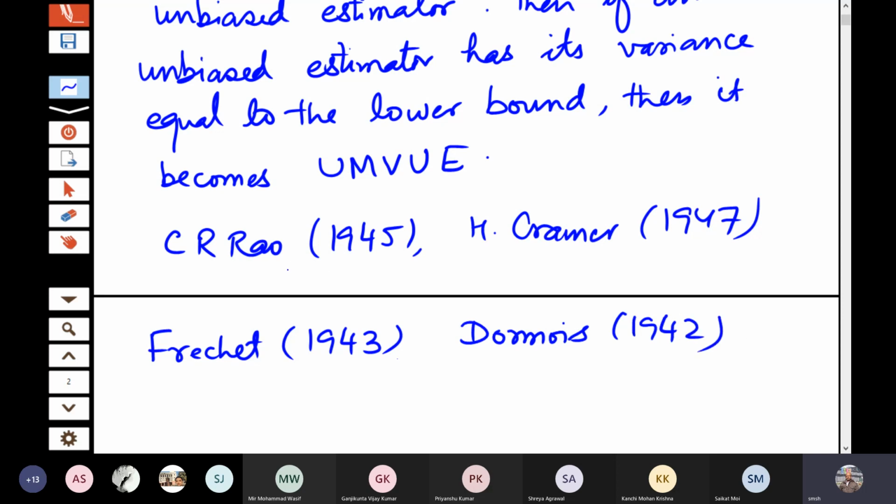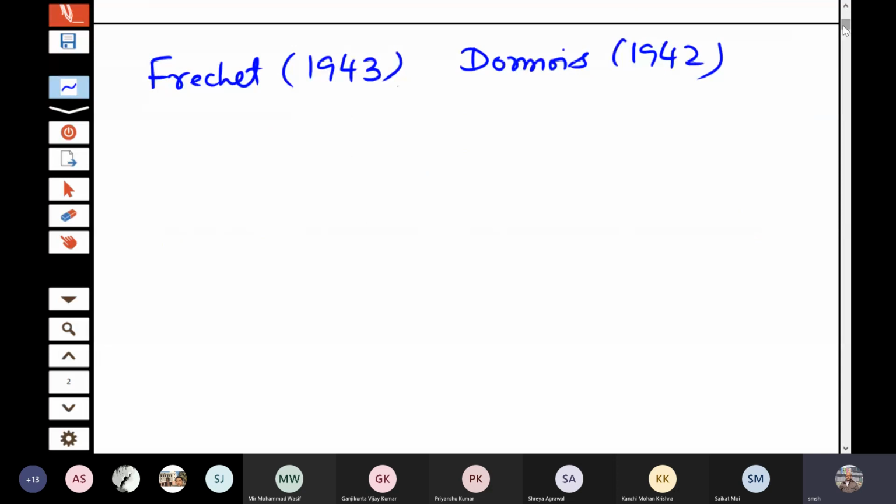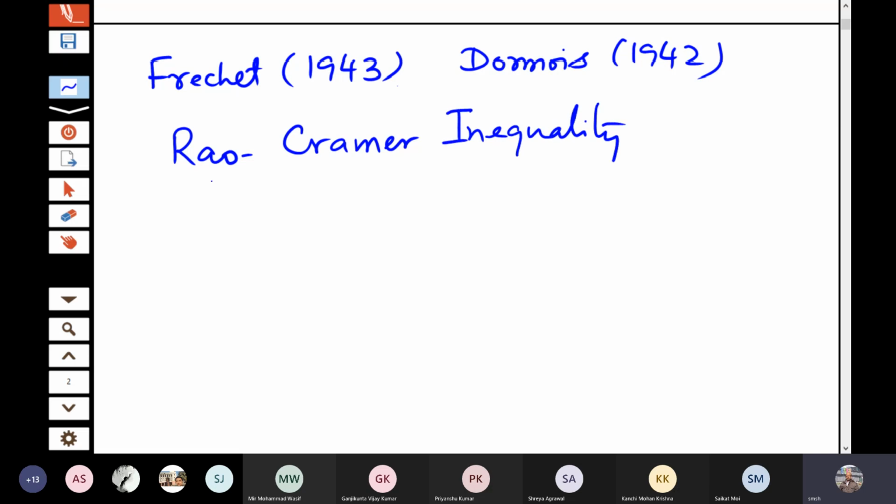Actually, it became prominent only when C.R. Rao's paper in 1945 was published. And that is why the name is Rao-Kramer inequality in the statistical literature. If you just Google Rao-Kramer inequality or Kramer-Rao inequality, you will find the details. So in order to develop this, I will firstly consider the conditions.